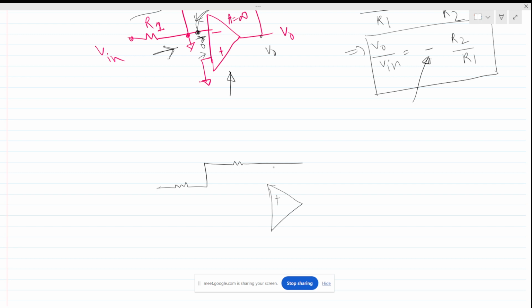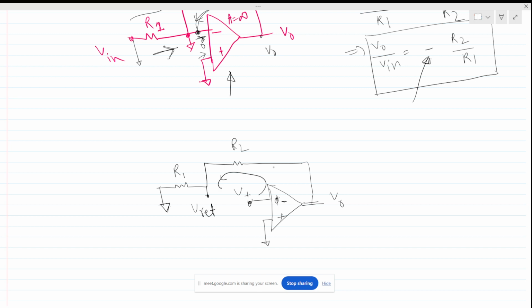But here you will find a magic. I was telling we will discuss it in another video. So this will be short circuit for finding the loop gain, and we have to apply a VT here, a test voltage, and traverse the loop and find the voltage here.